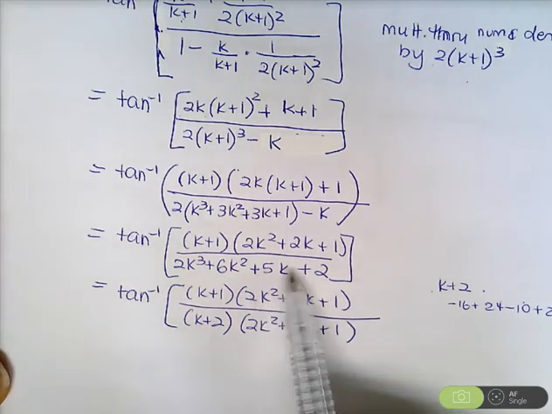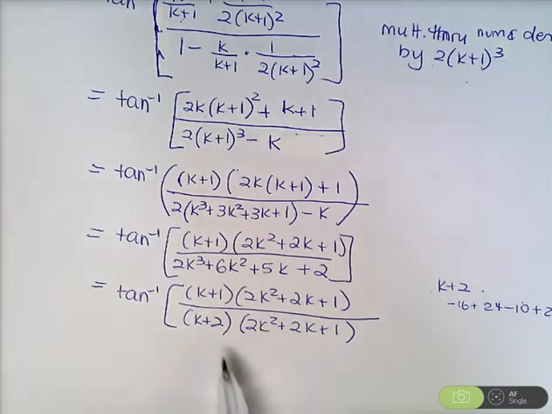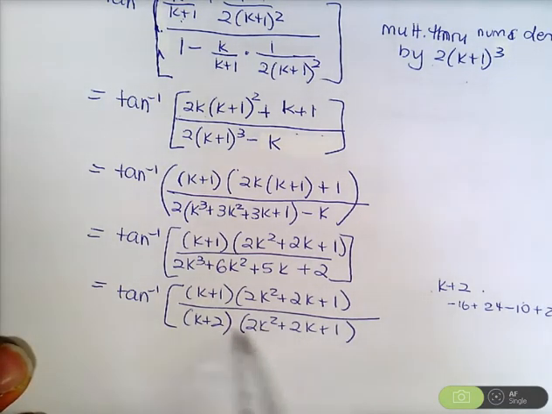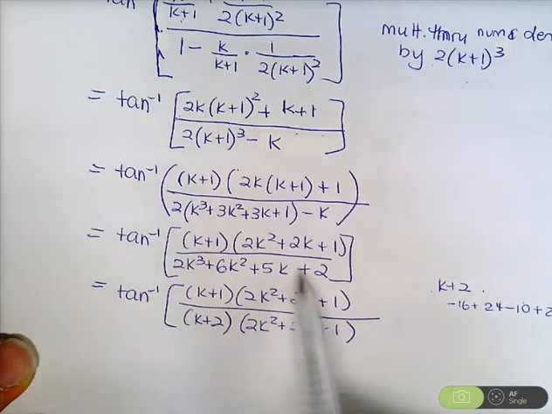And how do we get the 6k squared? The 6k squared would be formed from 2 times 2k squared, which is 4k squared, and 2k times k gives me 6k squared, and the k term will come from 2k times 2, which is 4k, and it'll also come from 1 times k, which is 5k.